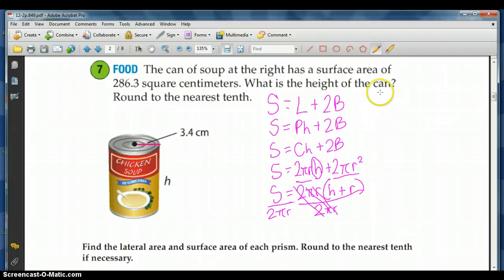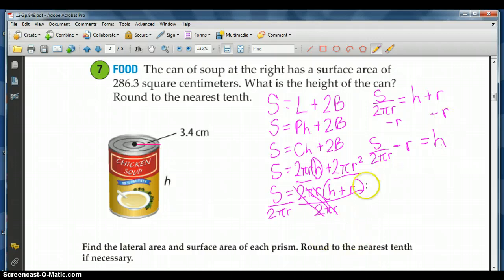So I'd have surface area over 2 pi r is equal to h plus r. So we just have one last step here. We want to subtract r from both sides. So surface area divided by 2 pi r, minus r, will be equal to h.